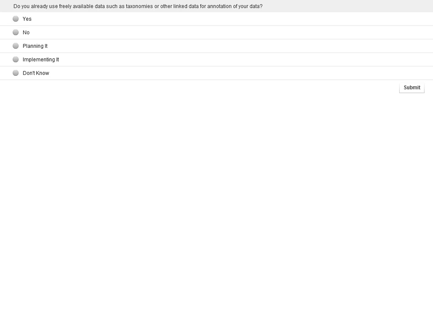The question is: do you already use freely available data, such as taxonomies or other linked data, for annotation of your data? Your options are yes, no, planning it, implementing it, or don't know. Please press submit when you choose your answer.